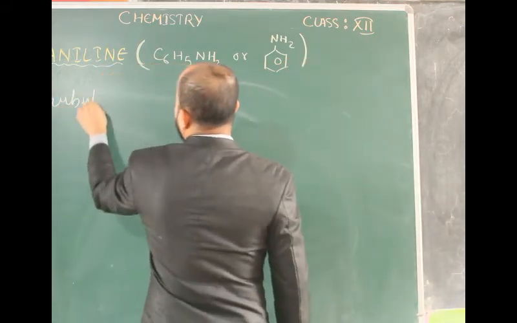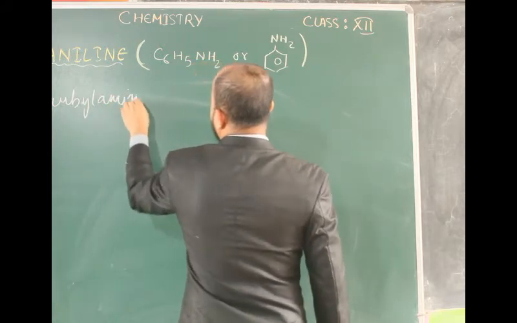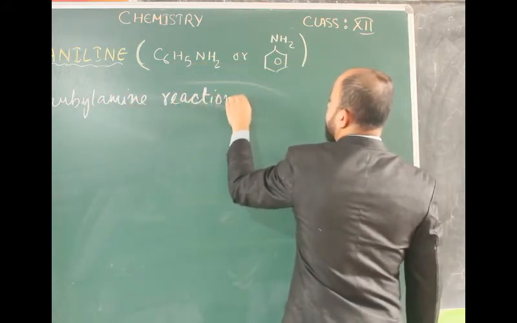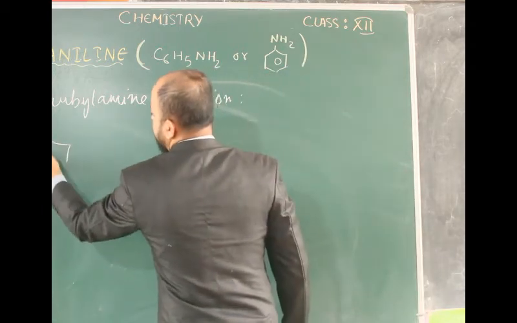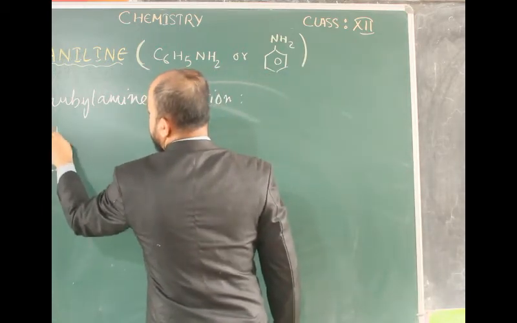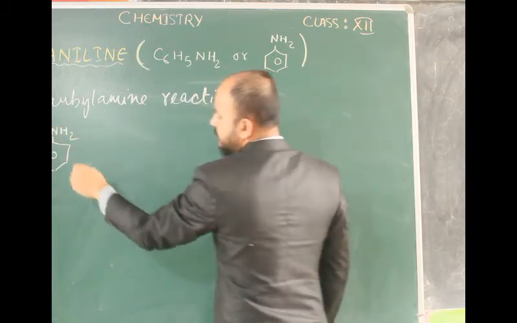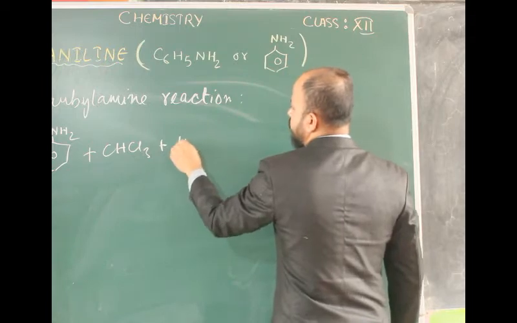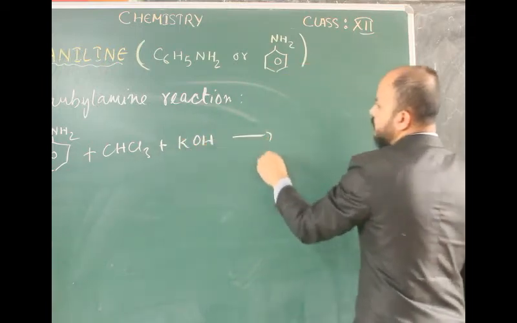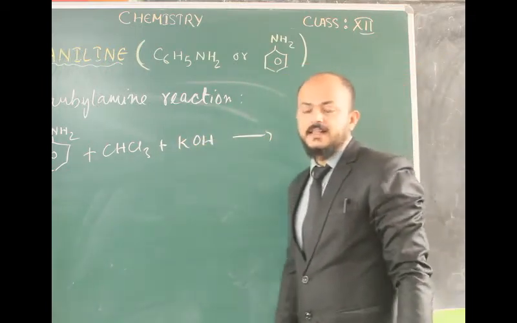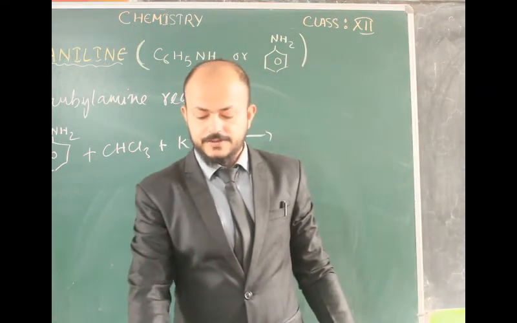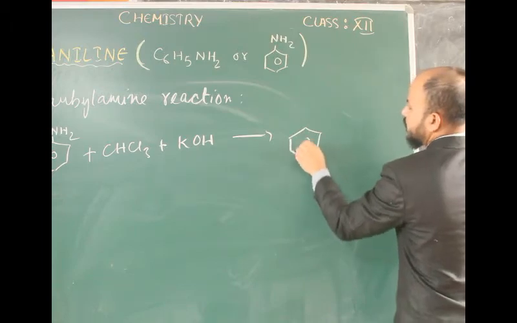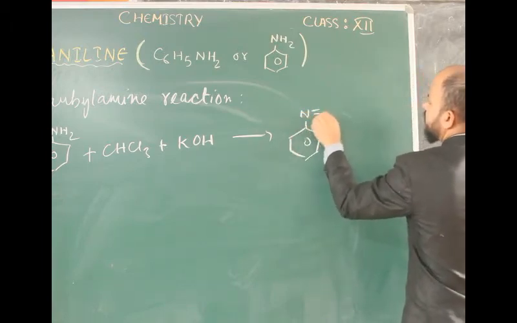In the carbylamine reaction, a primary amine, and in particular here we are discussing aniline, reacts with chloroform, CHCl3, in the presence of KOH, to give you phenyl isocyanide.